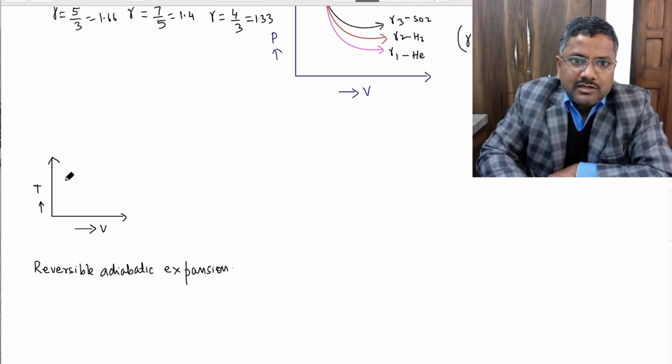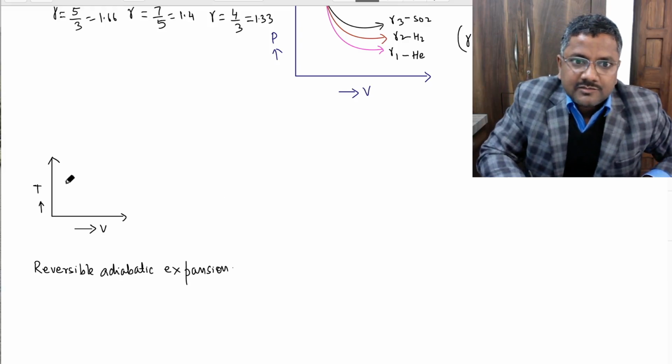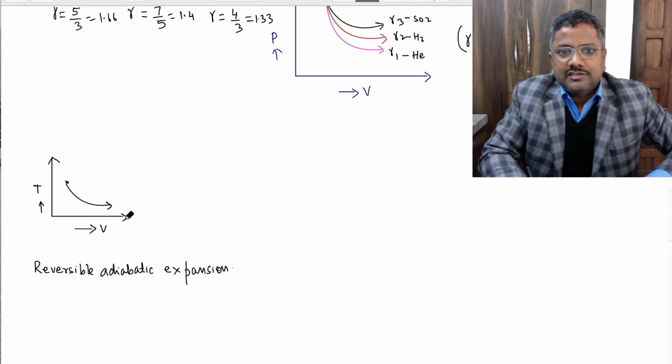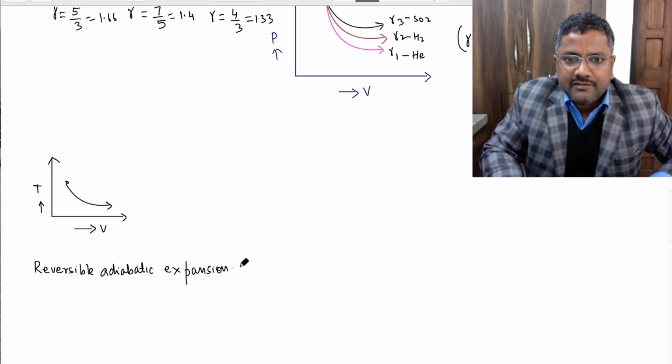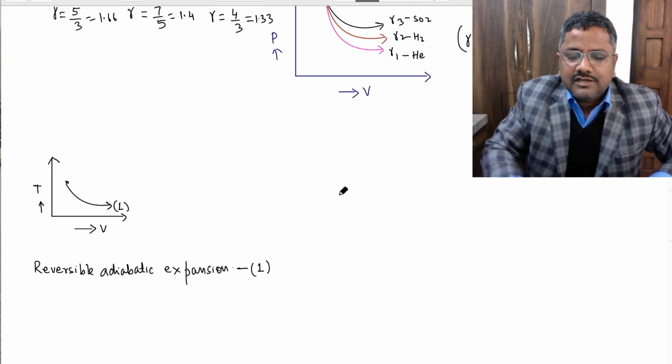So suppose that the initial state is here, so I. On adiabatic expansion, you will get a curve like this. So this is reversible adiabatic expansion. This is curve number 1, right?